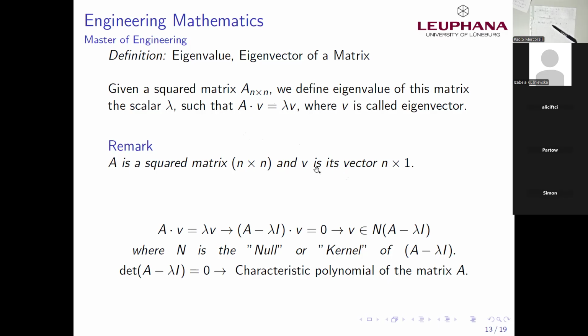V is its eigenvector. From this equation, V is an eigenvector of size n times 1. This means n rows, 1 column. Otherwise, the product is not possible.